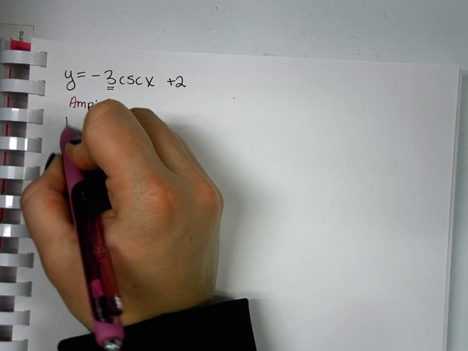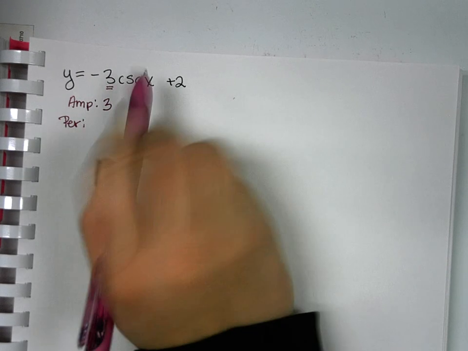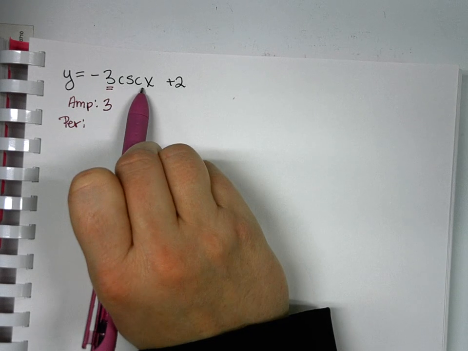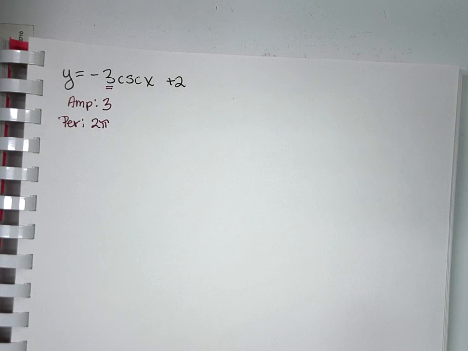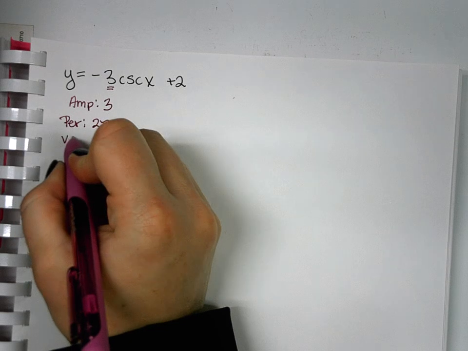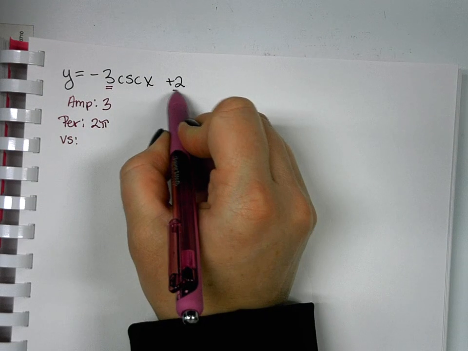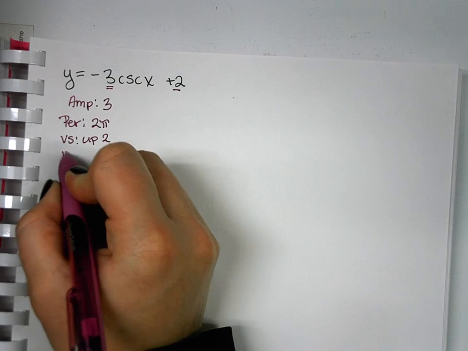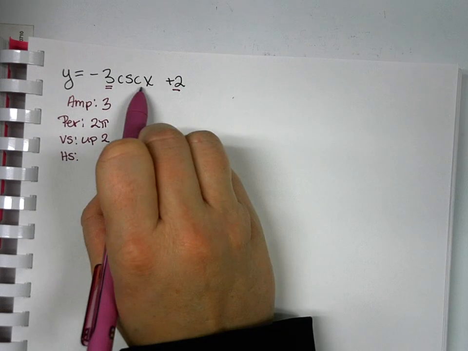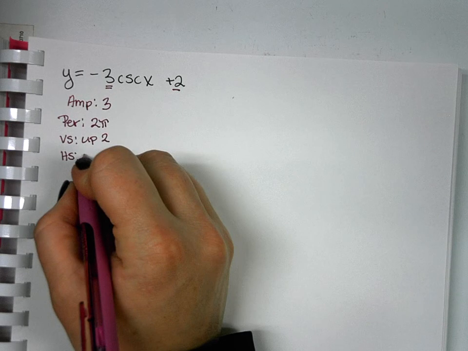My period, I don't have anything being multiplied to my x, so that means it's just going to stay 2 pi. For a vertical shift, I come over here, it goes up 2.